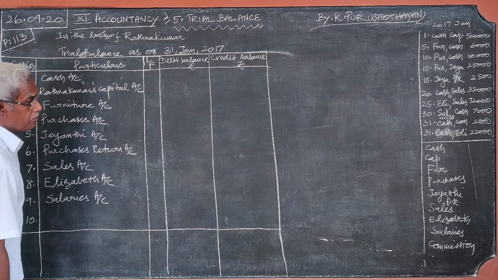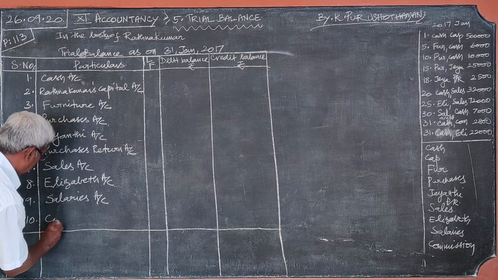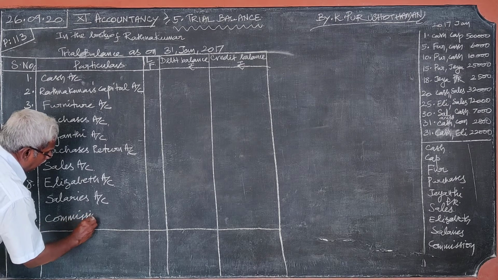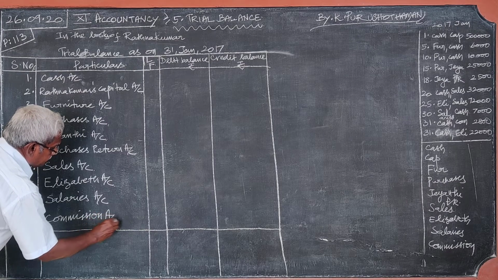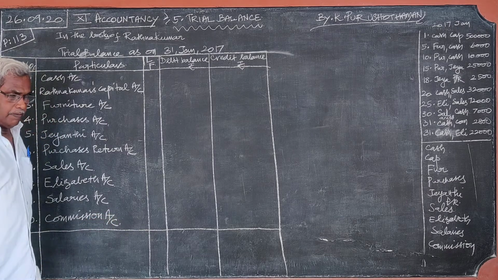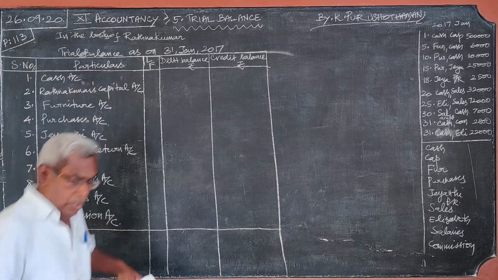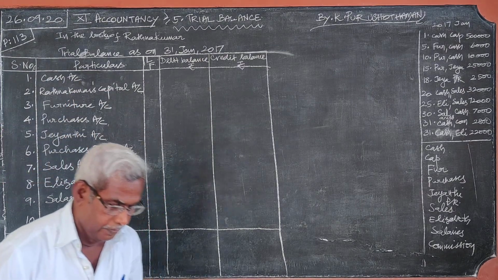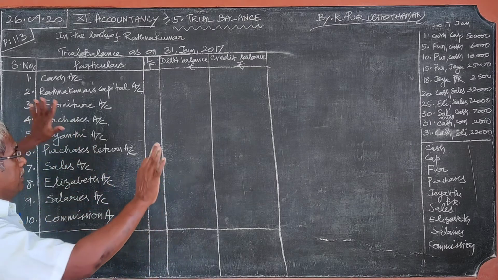Number 10, commission account. So, how are we preparing the trial balance?